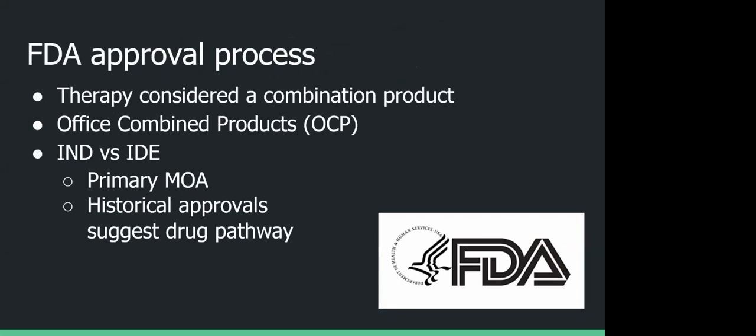In order to get this off and running, we have to get FDA approval for any clinical trial. The problem here is that we have both a new device and a drug that we are studying for new uses put together. This is considered a combination product under the FDA, governed by the Office of Combination Products. While it is a combination product, it only goes through one pathway, so one organization takes the lead.